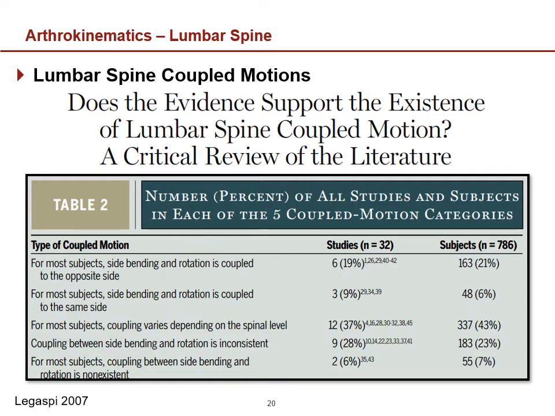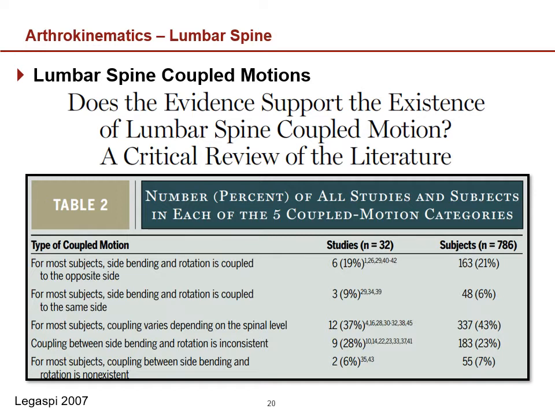So it seems as though there may be discrepancies as far as type 1 or type 2 motions based upon the level that you're specifying. At least almost half of the subjects had this variability of coupled motions at different segments or different levels that were considered.